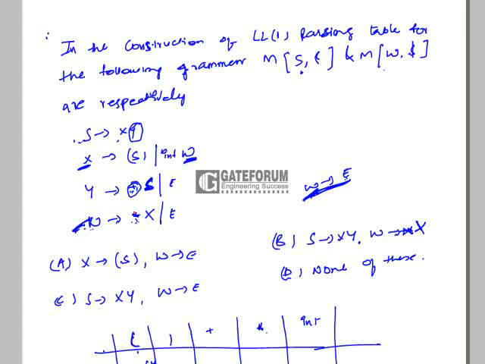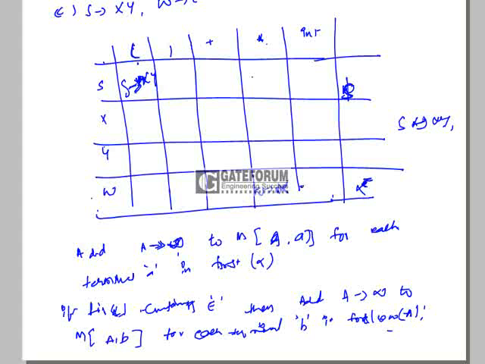So under plus, W gives epsilon will be coming.